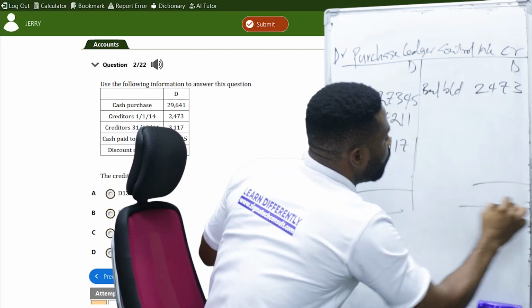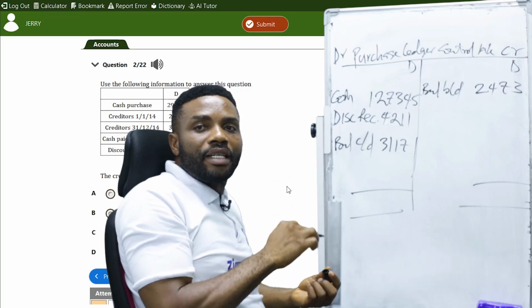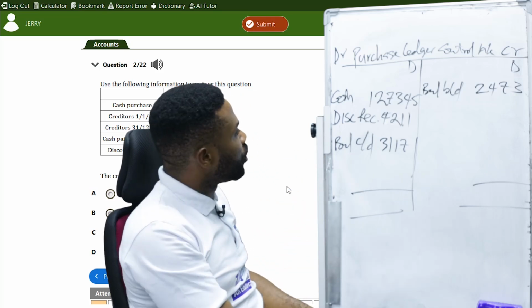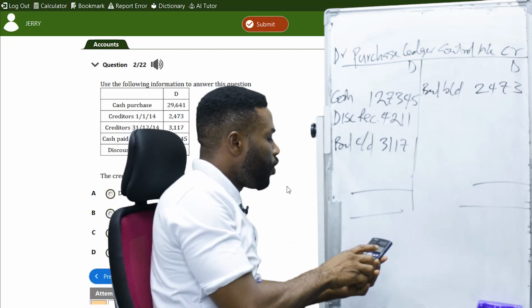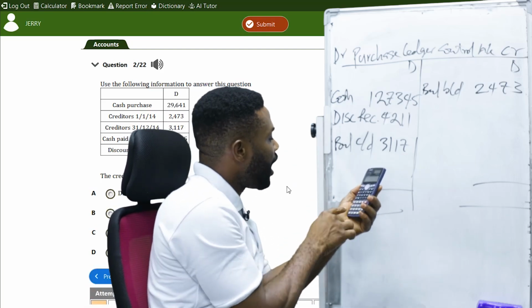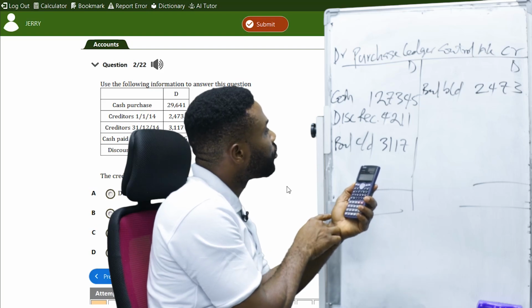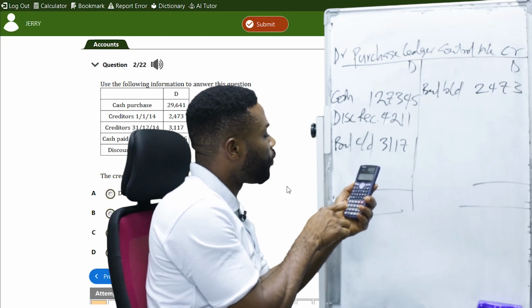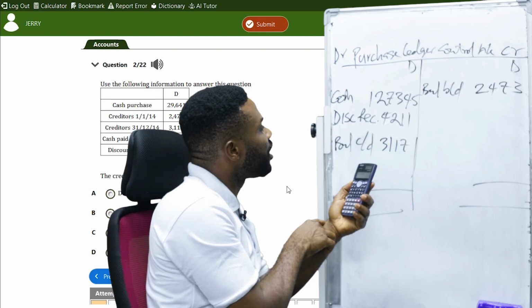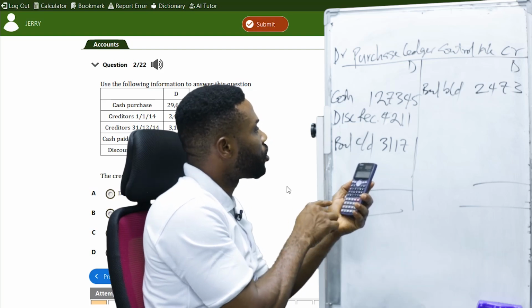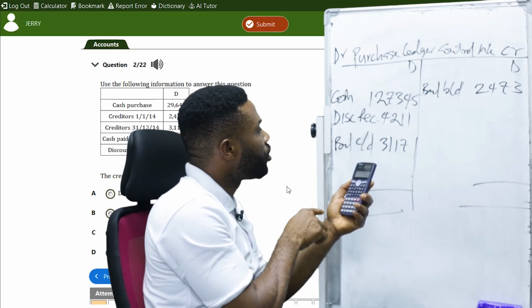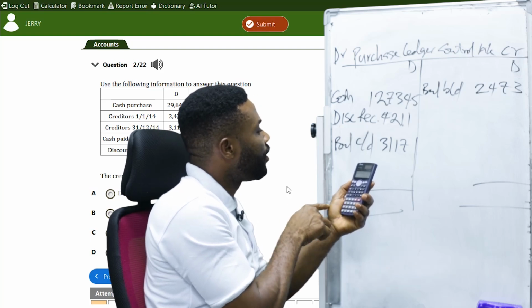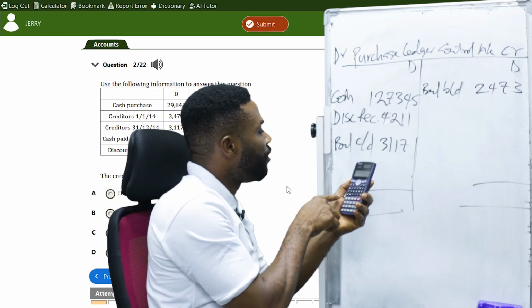Very soon we are going to find out our credit purchase. So let's add, as is the usual thing to do. We are going to add 127,345 plus 4,211 plus 3,117.